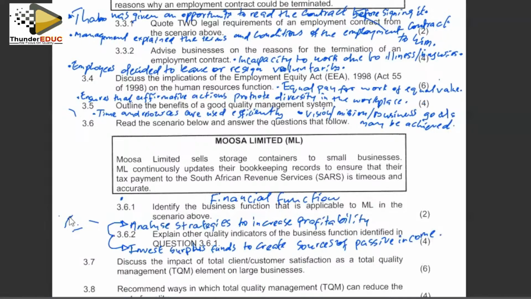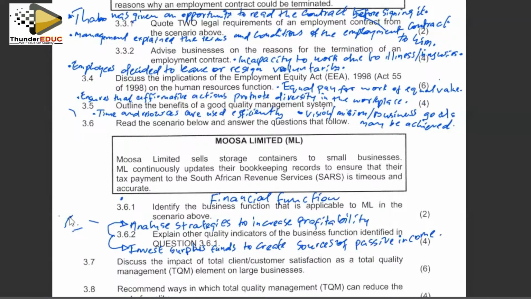Okay, right. So now we're saying that analyze strategies to increase profitability and also invest surplus funds to create sources of passive income. Okay, right.